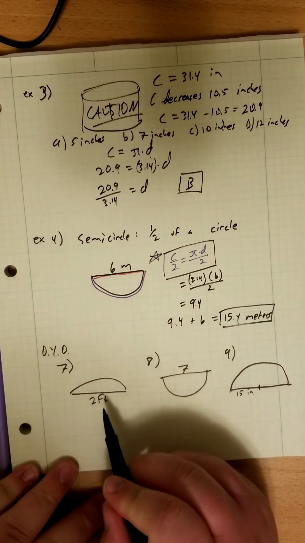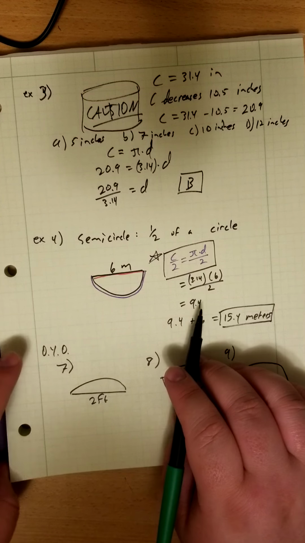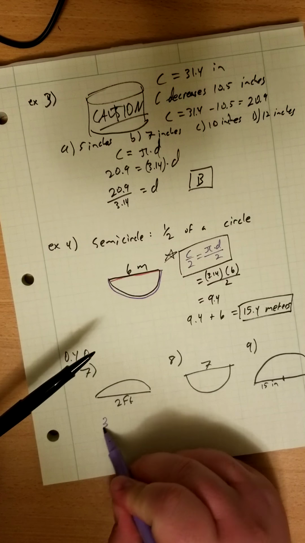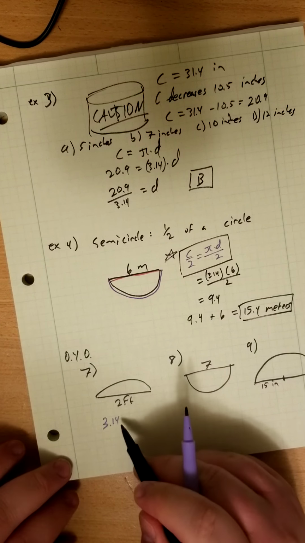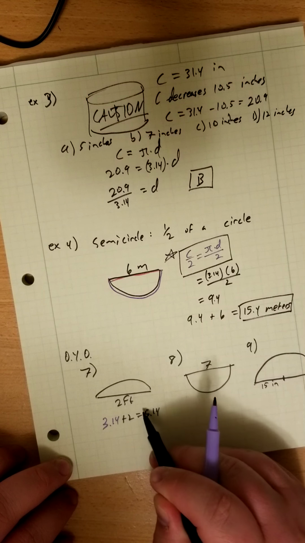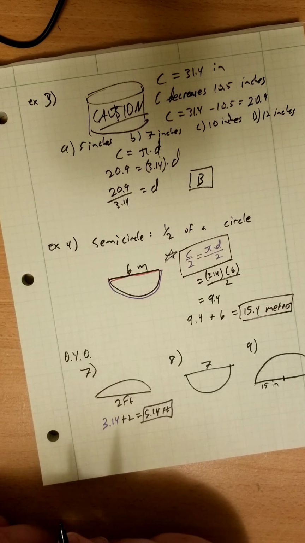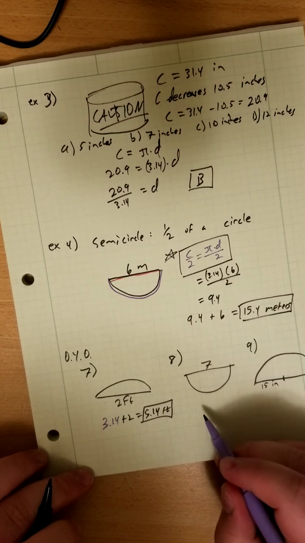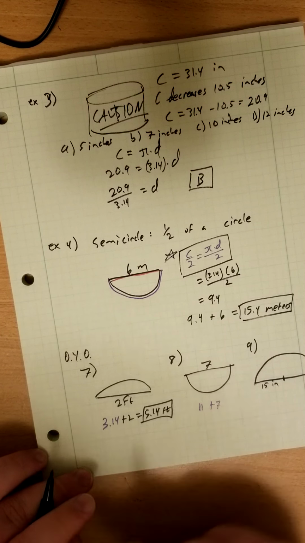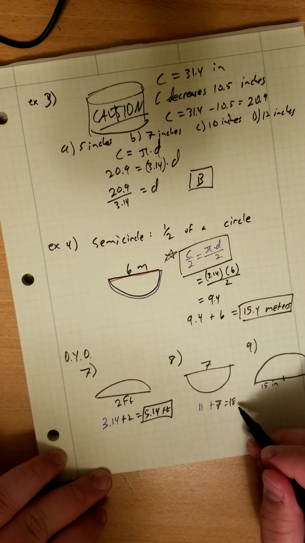Okay. Here, I'll go ahead and do the curved parts for you. The curved part is going to be 3.14 plus the flat part, which is 2, gives you 5.14 feet. Here, the curved part is right around 11. When you add that to 7, you'll get 18 centimeters.